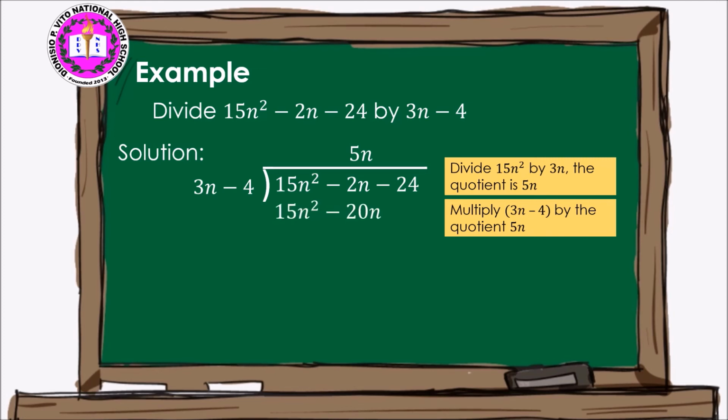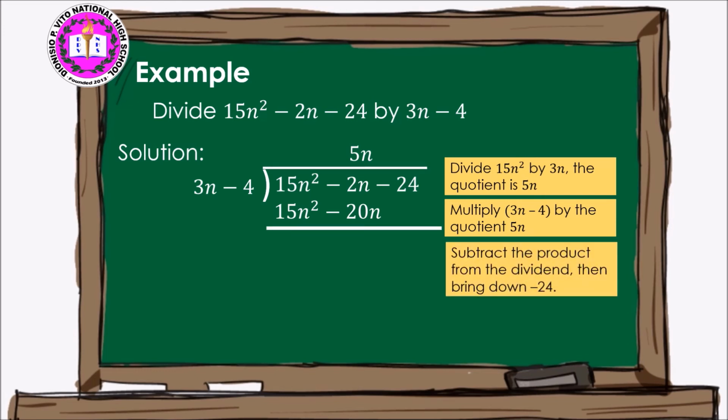So the answer is 15n squared minus 20n because 5n times 3n is equal to 15n squared, and 5n times negative 4 is equal to negative 20n. So we're going to subtract the product from the dividend, then bring down negative 24.